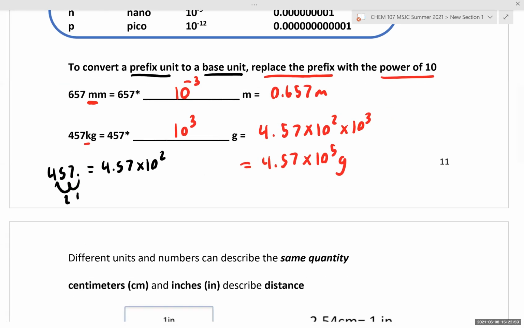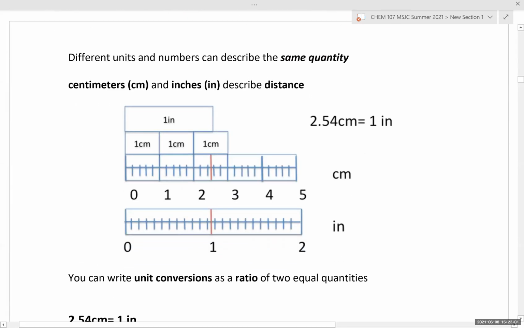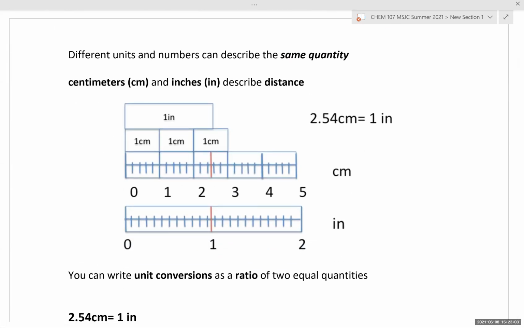Okay, so let's now talk about the fundamental idea behind unit conversions. Different units and numbers can describe the same quantity. Does everyone see this red line here? This red line is representing a distance, right? And we can measure that distance in centimeters or inches. Centimeters and inches both describe distance.